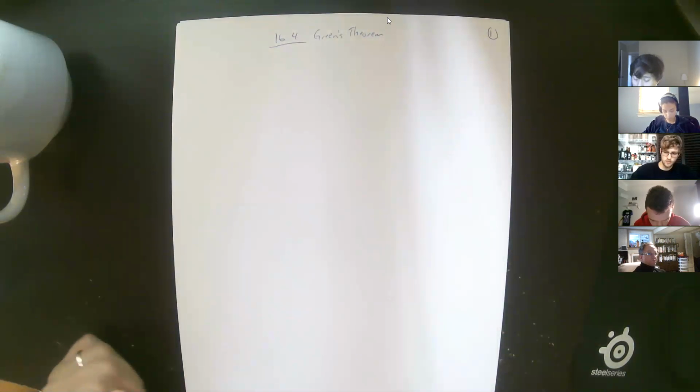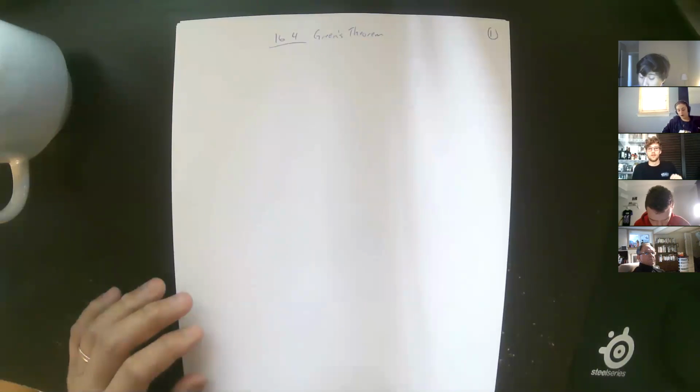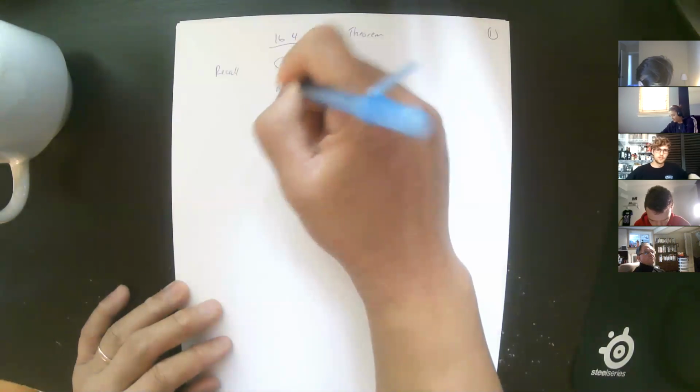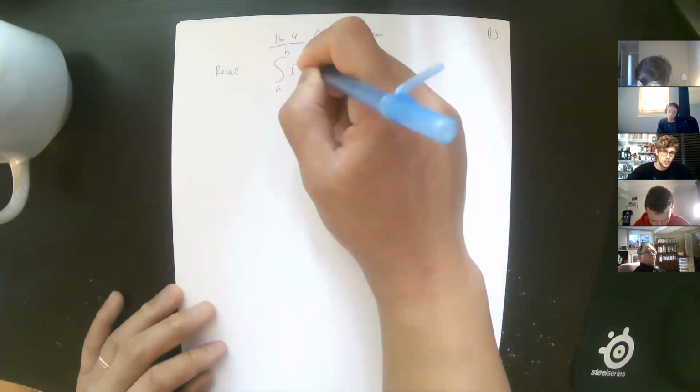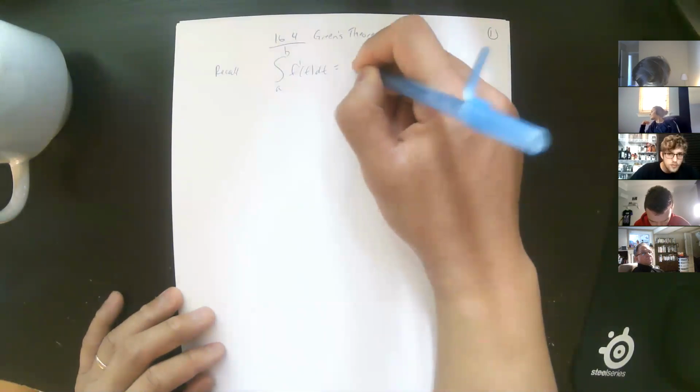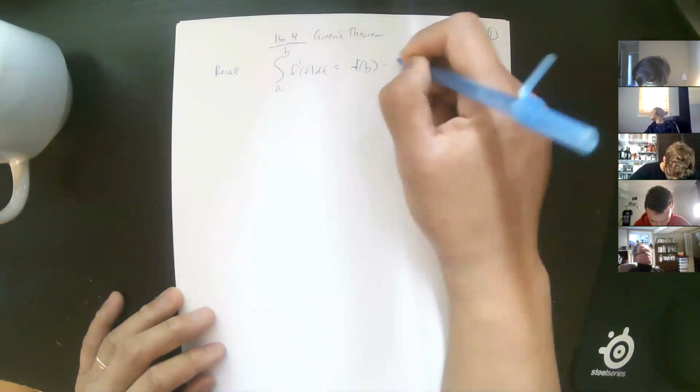I want to one more time remind us of what we're doing. We've got the fundamental theorem: the integral from a to b of f prime of t dt is f of b minus f of a.